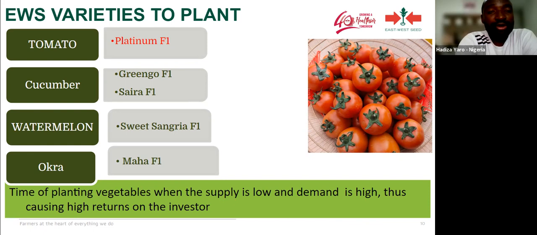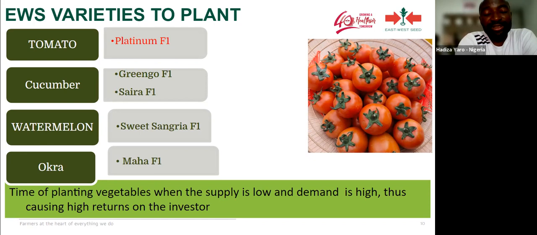For okra, as we all know, dry season is an off season for okra. Whenever you plant your product very well in this season, believe you me, you can have a lot of money growing all these varieties from east to west.